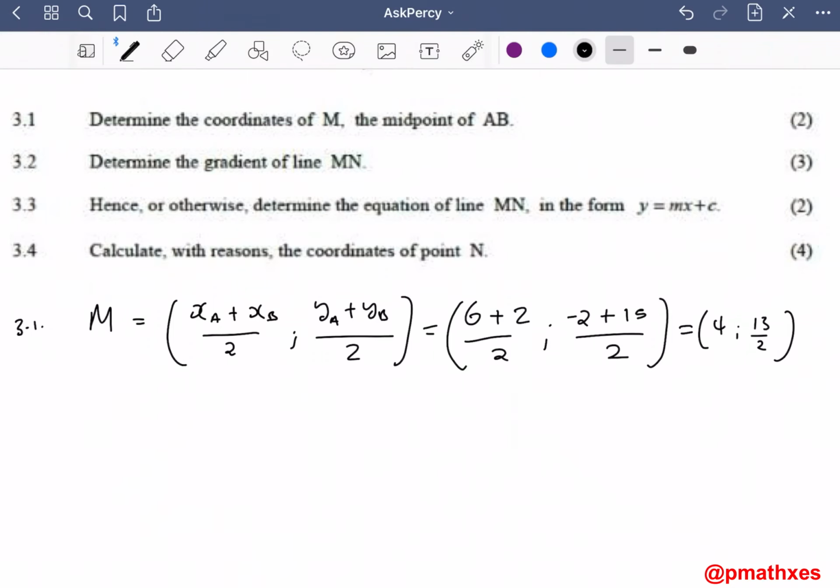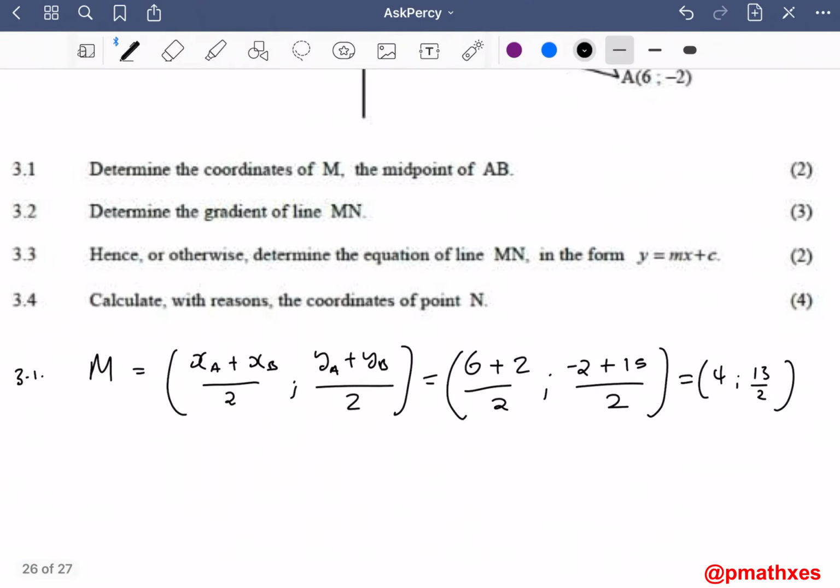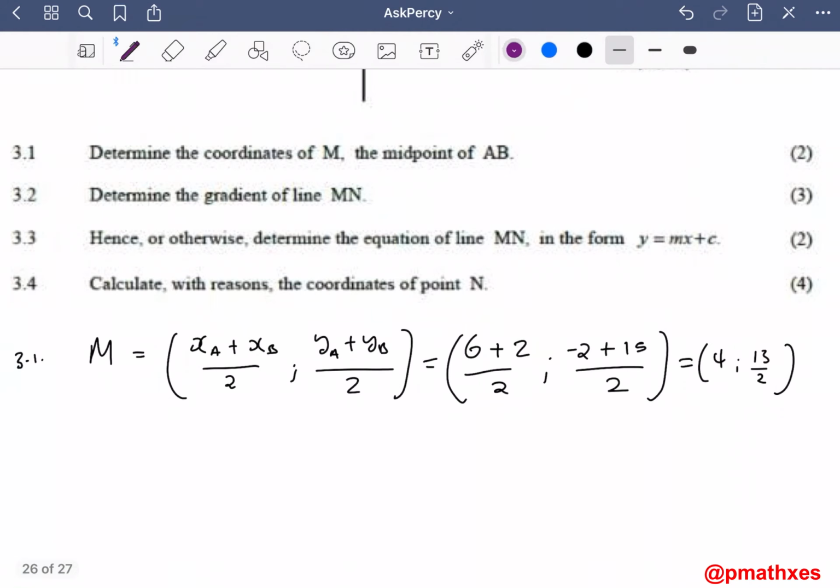So you have 4 and 13 over 2, and that's your midpoint. You get your 2 marks for the correct answer, and also for correct substitution.